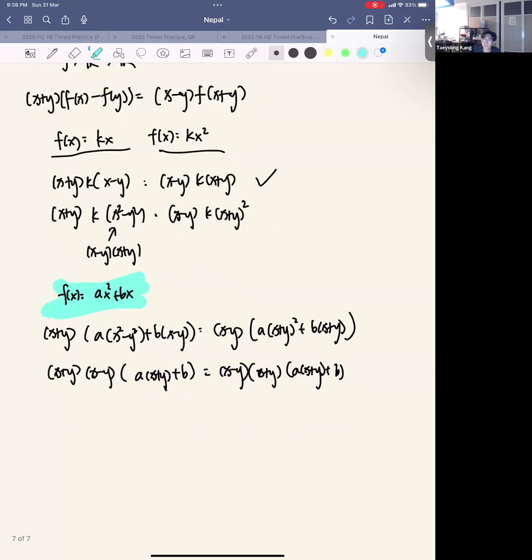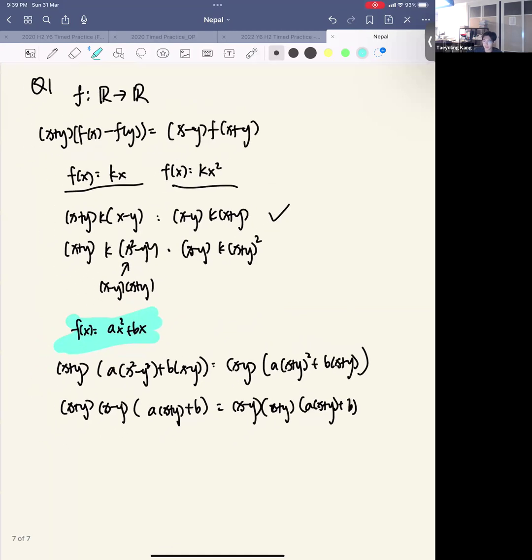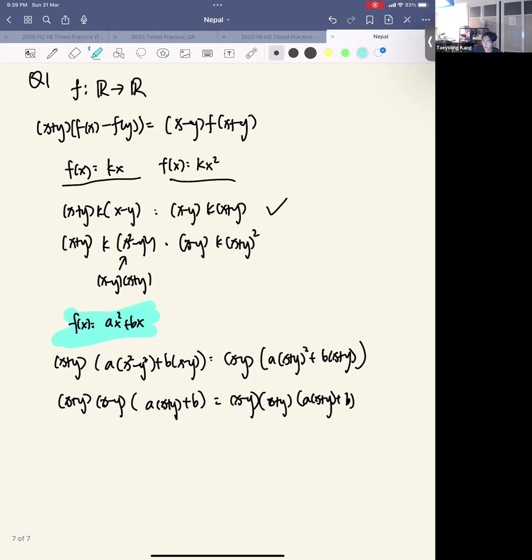So now that we've guessed the solution, what are some substitutions that we should make? Does anyone have suggestions on what substitutions we should make? I can just type in the chat: what do you think we should substitute for x and y? x, 0.